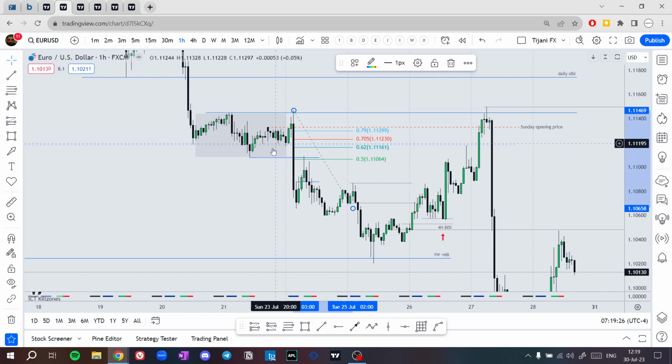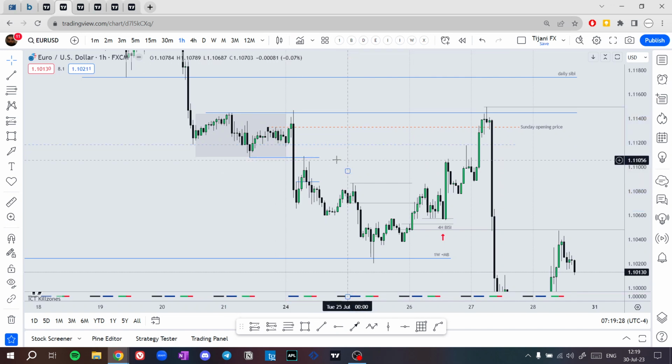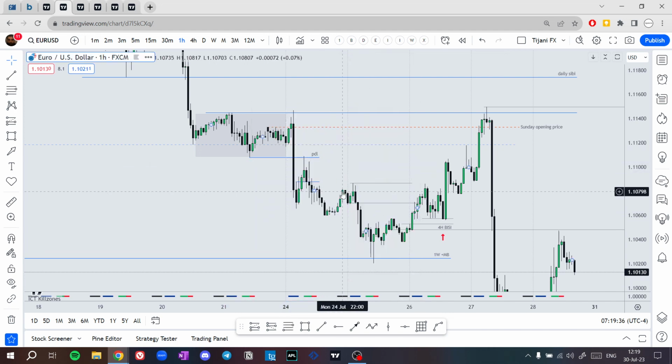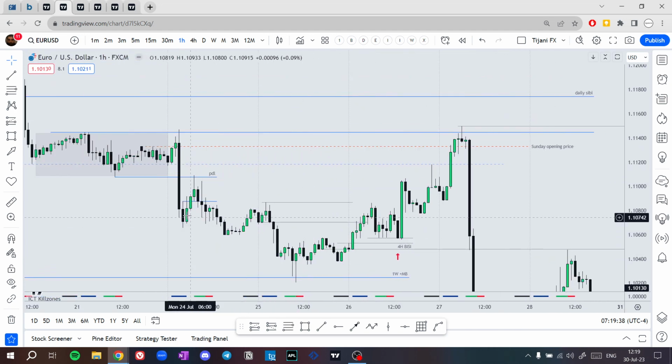Okay, this is Asian range low, from the previous daily low, Friday's low, and you can find an entry setup here at 15 minutes or 5 minutes for price to drop lower.